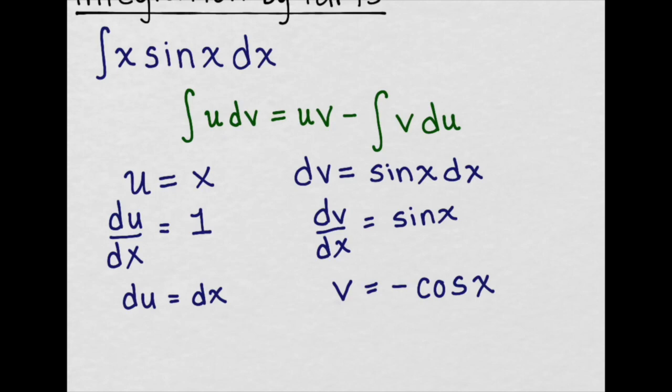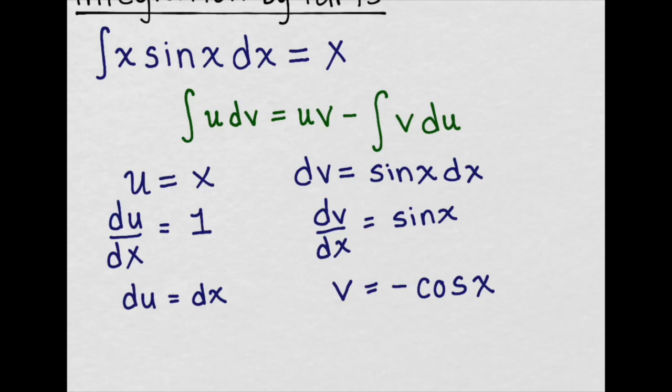All right, so we're working on an indefinite integral, so the next step is to rewrite this integral with this form. We have this form currently, we want this form. So the way we get this form is by substituting these quantities that we've defined, u, v, dv, and du. So u is x. V is negative cosine of x.